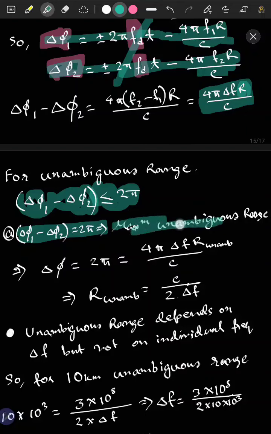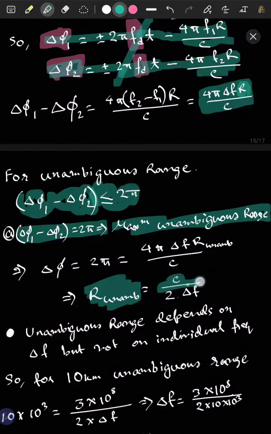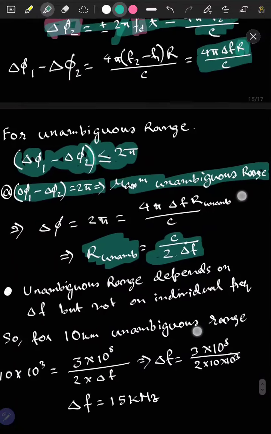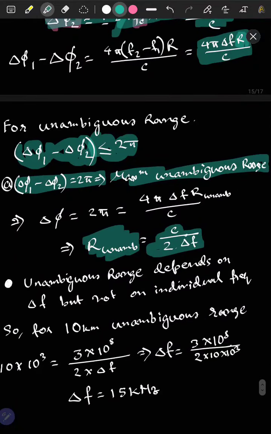The maximum unambiguous range is R unambiguous equals c by twice delta f. Thus the unambiguous range depends only on delta f, the difference of the two frequencies used, but not on the individual frequencies.